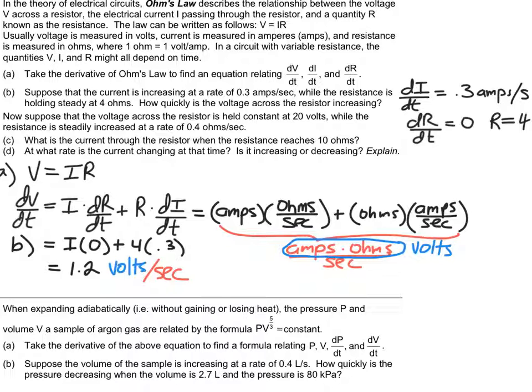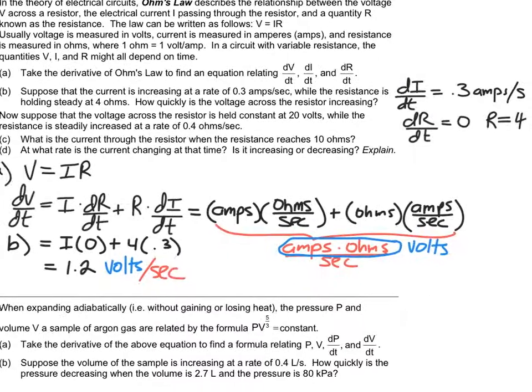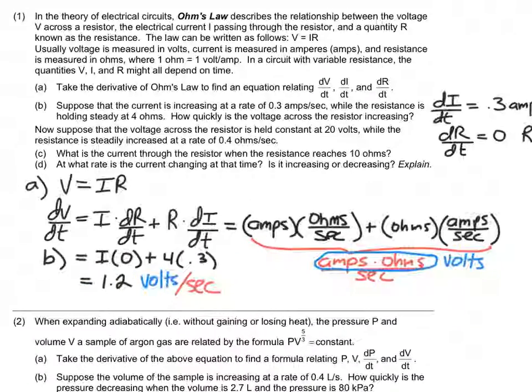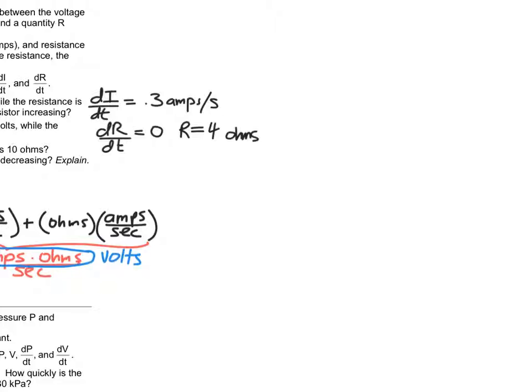The voltage across the resistor is held constant at 20 volts, while the resistance is steadily increased at a rate of 0.4 ohms per second. What's the current through the resistor when the resistance reaches 10 ohms? Working off the same derivative, we have some other circumstances to take into account.